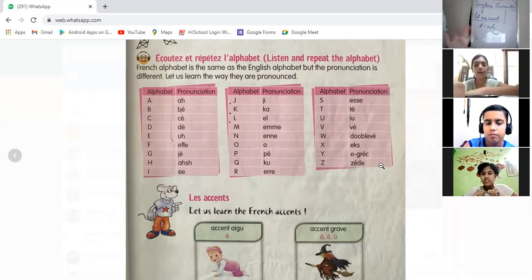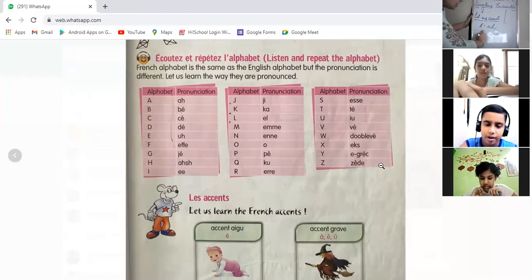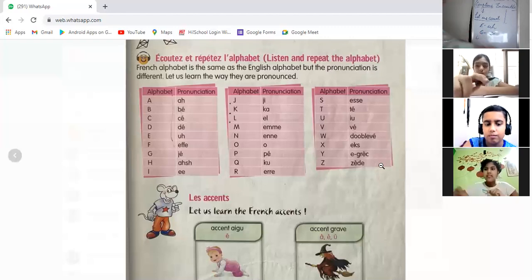Then F. F is exactly the same as in English. It's called F, beta, not iffy. Then G is called J. J. G is called J. H is called Ash.